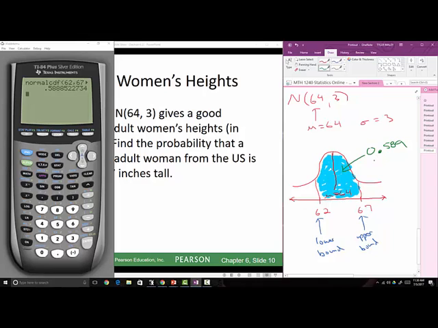So the probability that x is in between 62 and 67 inches is roughly 59%, or 0.59, depending on how many decimal places you'd like.